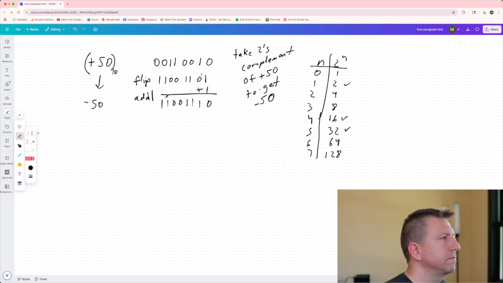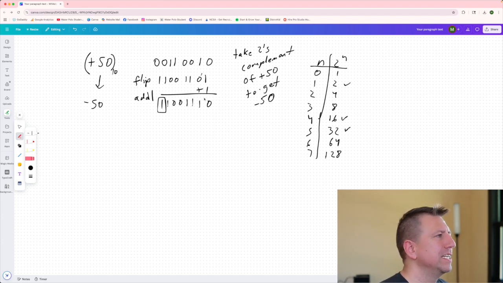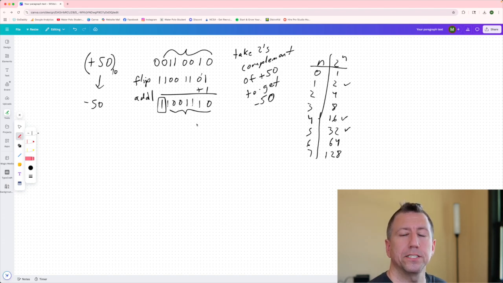So notice that we have a 1 in front, signifying that's a negative number, but it's not signed magnitude, and we can tell because this set of numbers here does not match this set of numbers up there. They're different from each other. So this is the difference in representation that we get between signed magnitude and 2's complement representation.